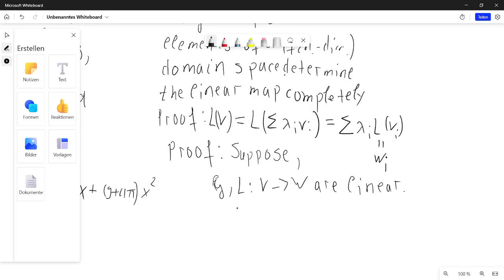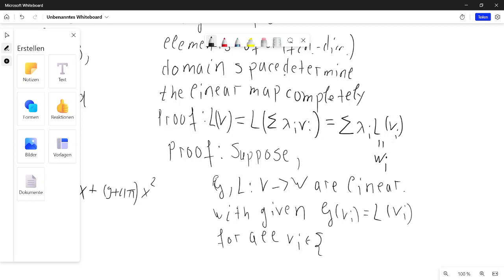So, rigorous approach: linear maps given with G(v_i) equal L(v_i), of course, for all v_i element of some basis of V.